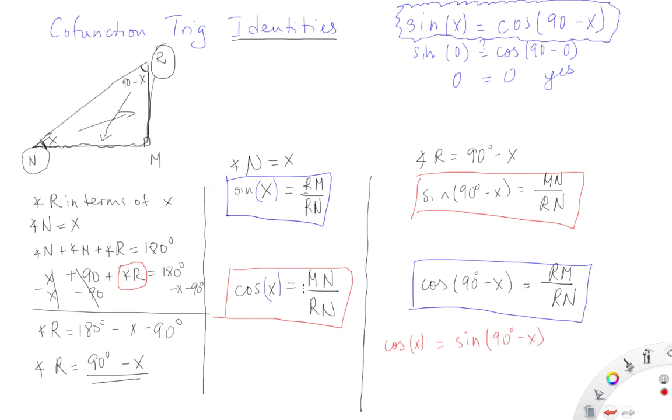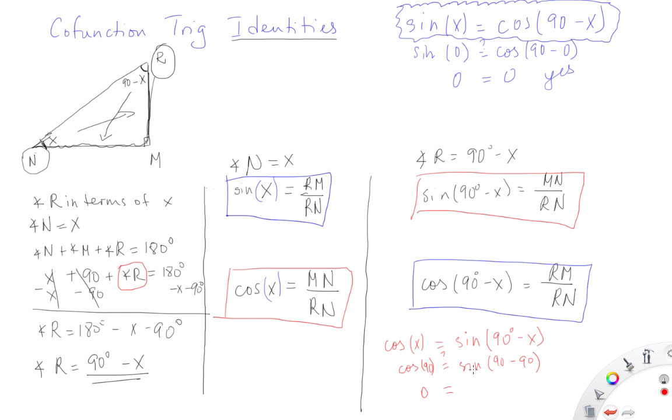Same thing. Let's substitute this time with 90 degrees. Let's see if cosine of 90 will be equal to sine of 90 minus 90. So cosine of 90 degrees is really equal to 0.